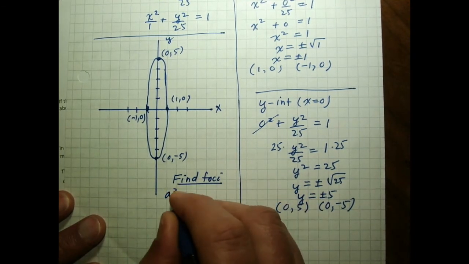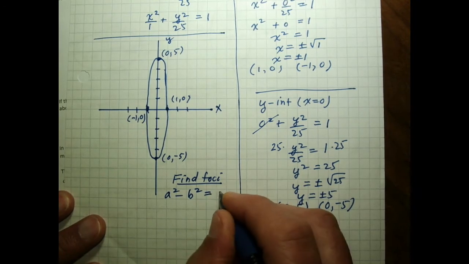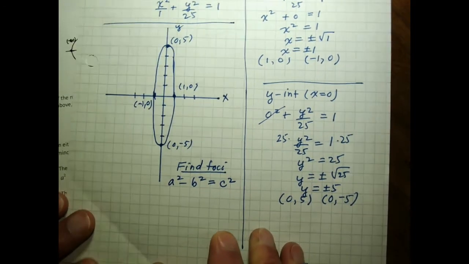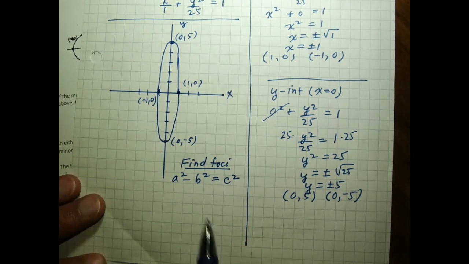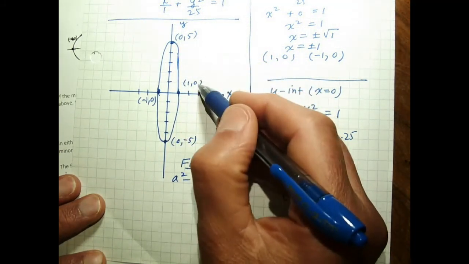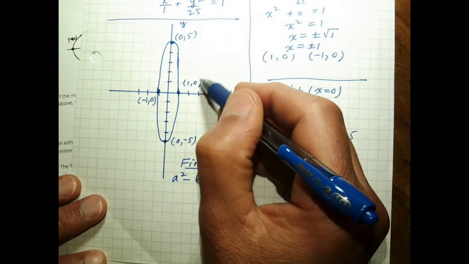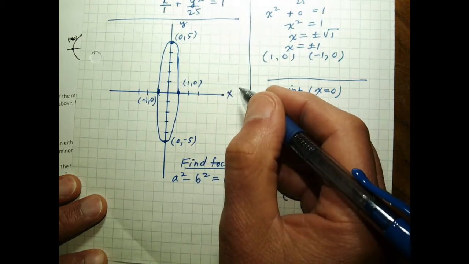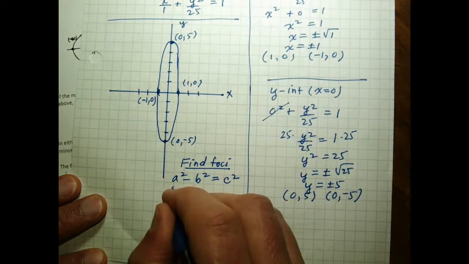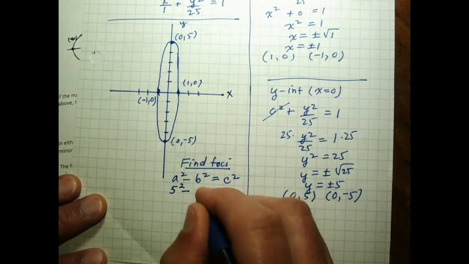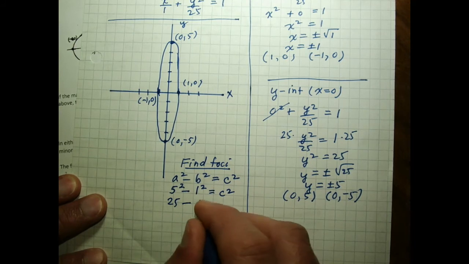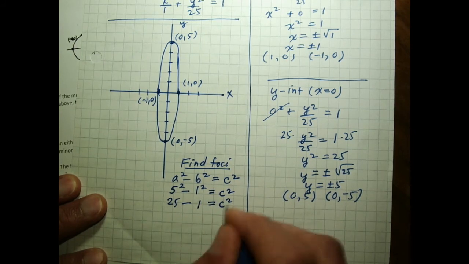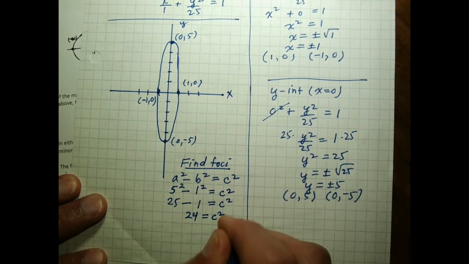So we're going to use our a squared minus b squared equals c squared equation. And I need to know which is A and which is B. The larger of these two intercepts is going to be the A value. The smaller is going to be the B. So 5 is larger. I take 5 squared minus 1 squared is c squared. 25 minus 1 is c squared. 24 is c squared.